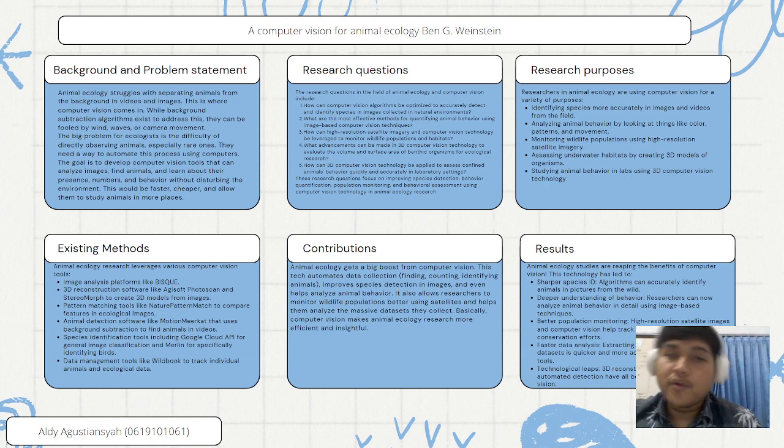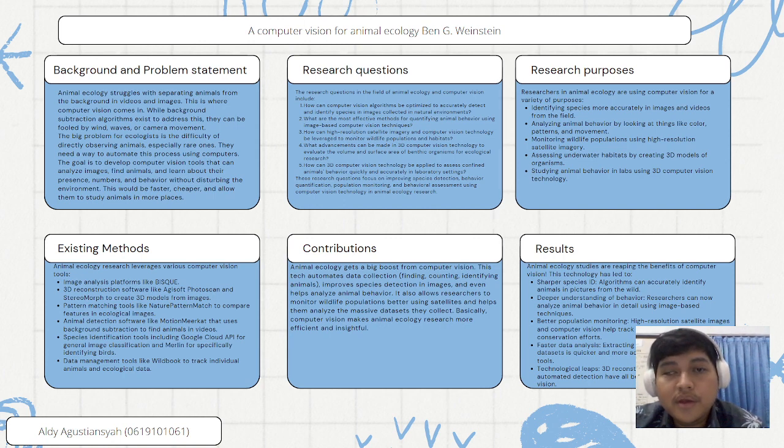So for the research question, the research questions in the field of animal ecology and computer vision include: 1. How can computer vision algorithms be optimized to accurately detect and identify species in images collected in natural environments? 2.